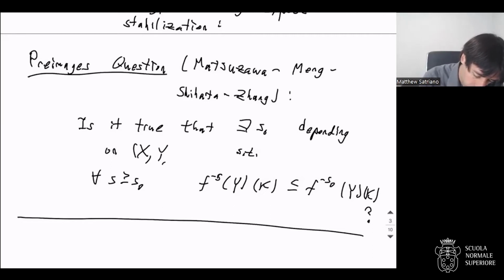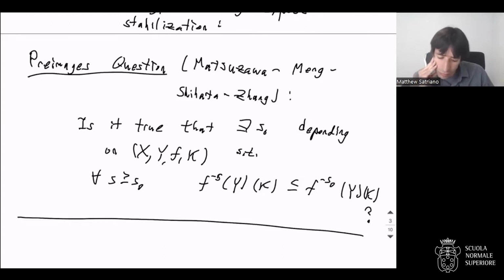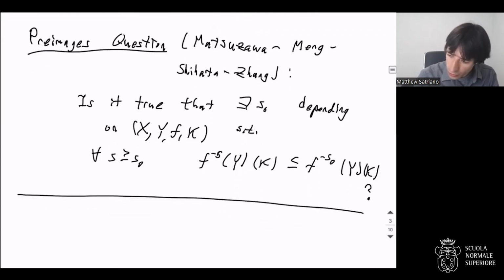It does depend on Y. Right. They also did state a stronger version where they allow the number field to vary. But I just want to concentrate on this one version here.